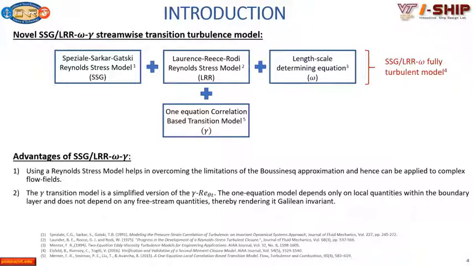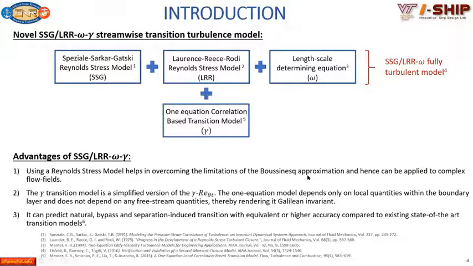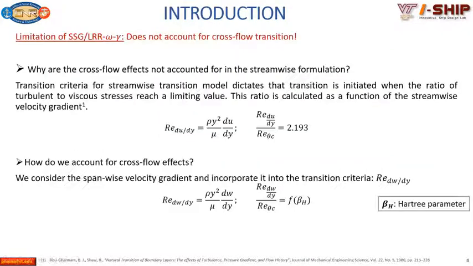And additionally, the gamma transition formulation uses only local variables and coordinate independent variables and correlations, and therefore makes the whole framework Galilean invariant. The third advantage of this model is that it has proven to predict natural, bypass, and separation-induced transition, which are all stream-wise transition mechanisms, with equal or higher accuracy compared to other state-of-the-art transition models. And this study has been submitted to the AIAA journal and is currently under review.